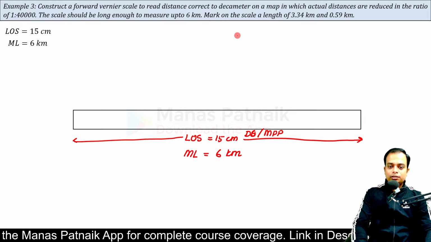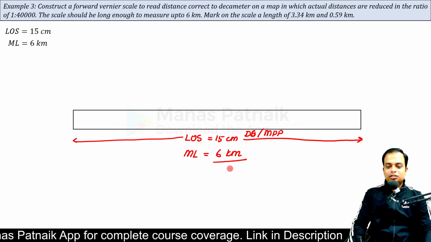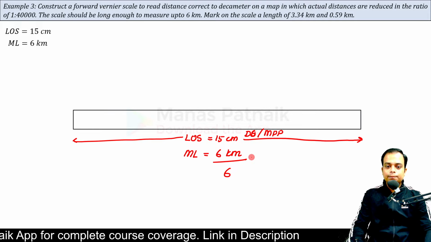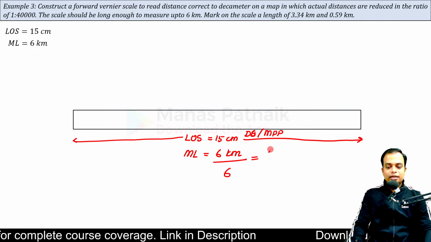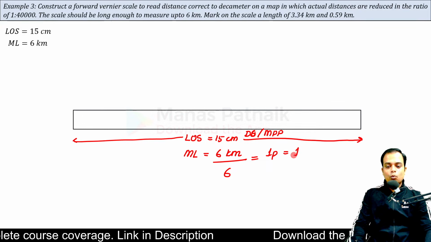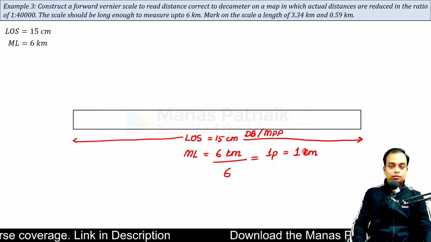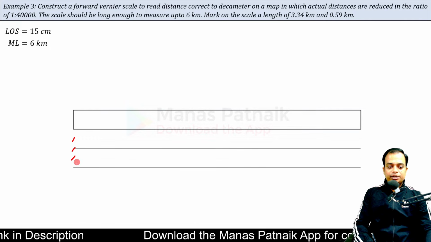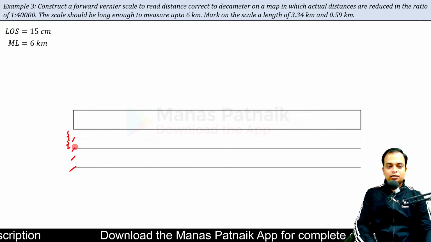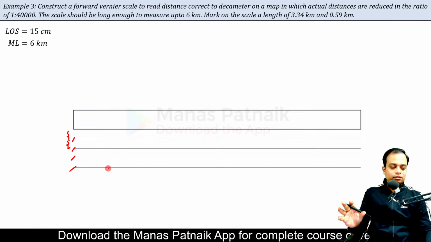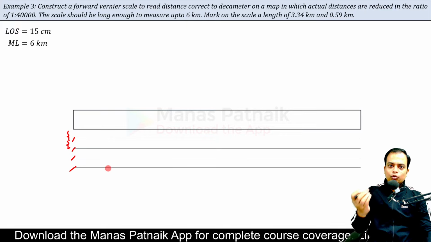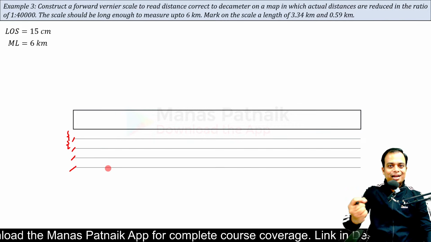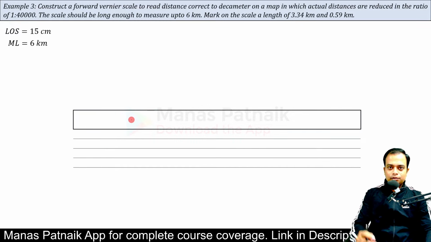So what we'll do is we are going to divide this 6 kilometers into 6 parts, so that each part is equivalent to 1 kilometer. How many parts? 6 parts. Please note that. And by the way, half a centimeter, equal distances, you can draw these four lines. Keep it very, very light. 4H pencil. Keep it light. Hold it light. 6 parts.